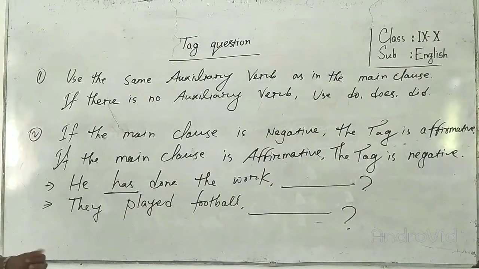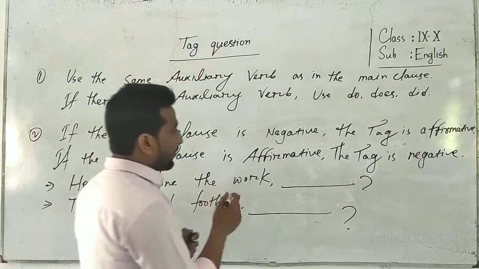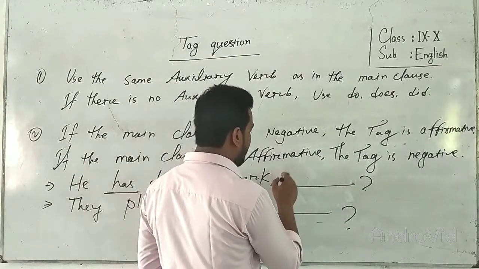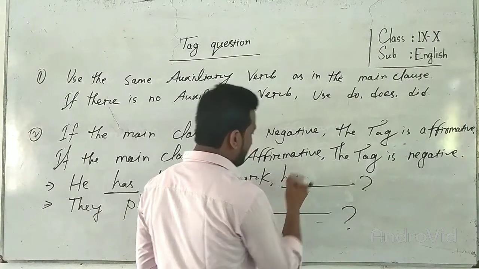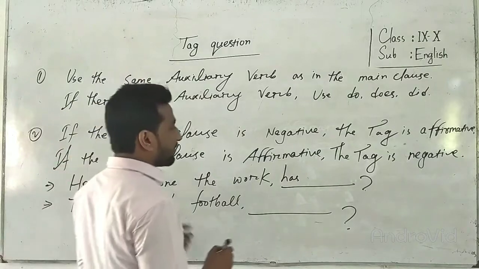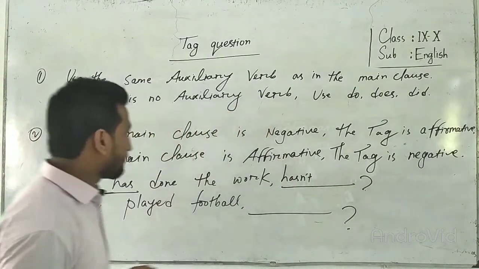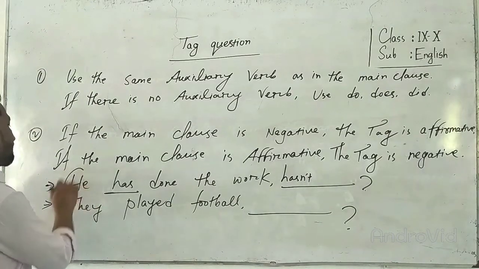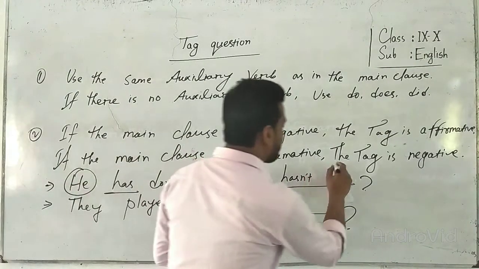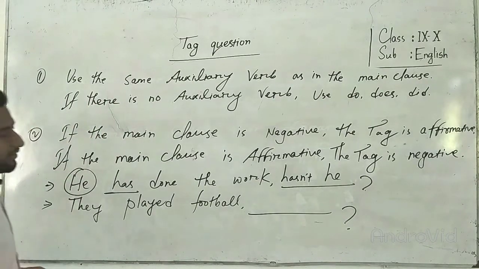Students, notice that here the auxiliary verb is has, so we have to put it in the tag part, has. The sentence is affirmative, so there is the negative form n't, and the subject is he and the pronoun is also he. Hasn't he?